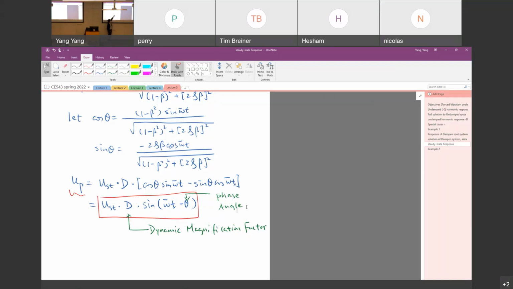The phase angle tells us the lag between the response and the excitation. Any questions up to here?